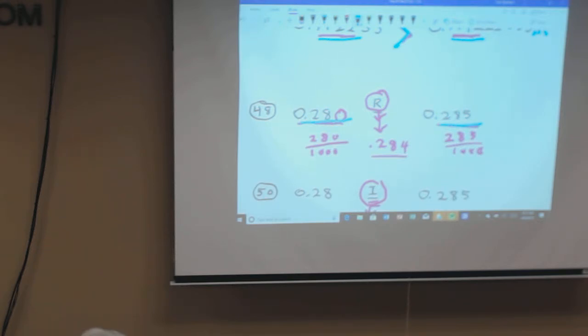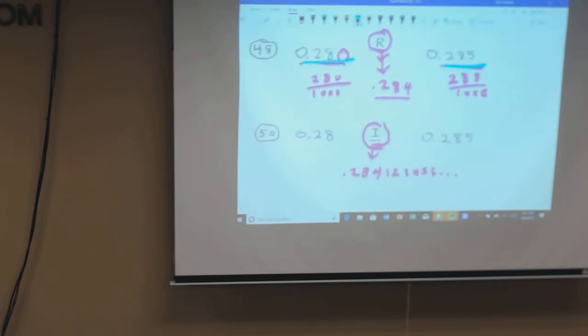Hey, 0.28123. You understand? There's an infinite amount of choices that you could make between those two numbers. The way you find it is you annex a 0 to the shortest one to make them the same length, so you can compare 0.280 and 0.285. And then you say, I've got room in between to find a number.